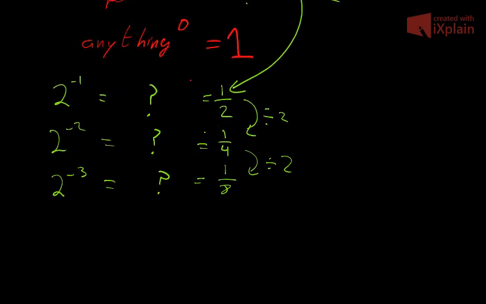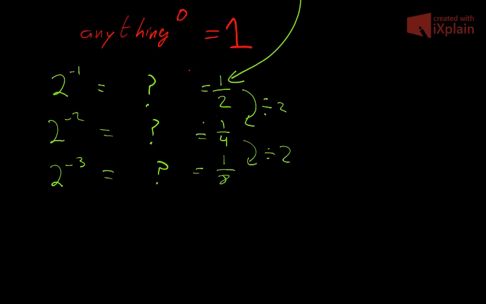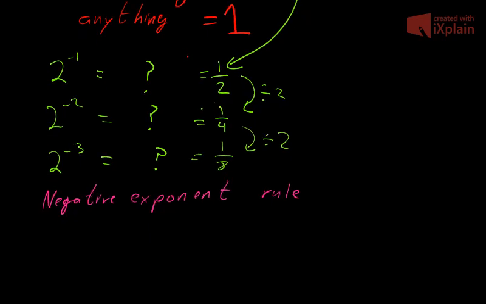So we want to make a rule about this. We want to find the pattern, and the pattern here is going to be my negative exponent rule. I'm going to write it down that if I have a number, x to the negative n, that's equal to 1/x to the n.